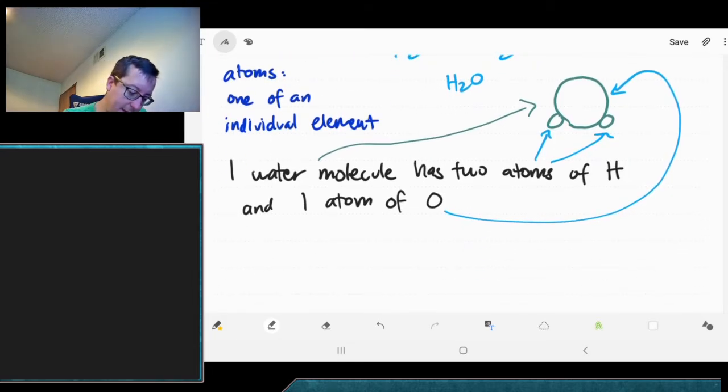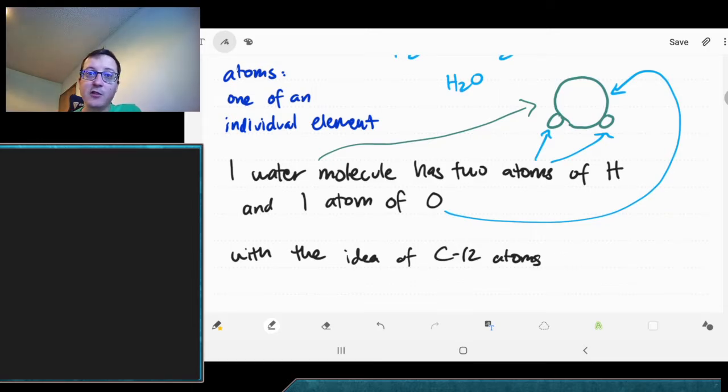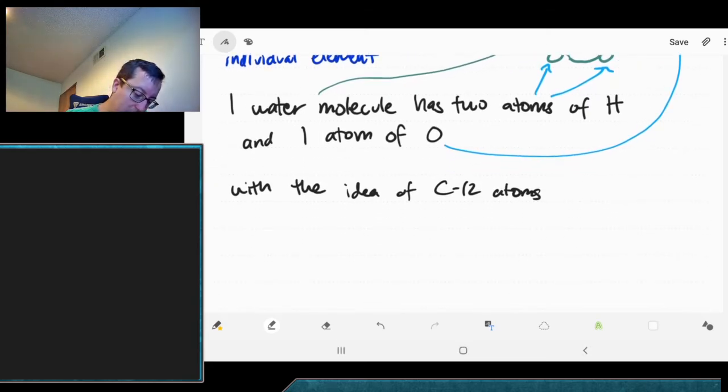So, with this idea, with that idea of having the 12 carbon-12 atoms being equal to 12 grams of carbon-12 atoms, we're going to see that we're going to have something called molar mass.